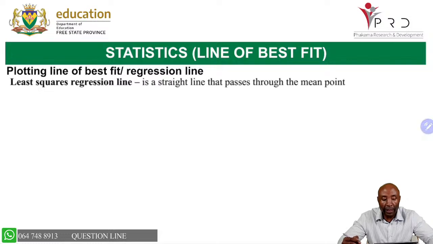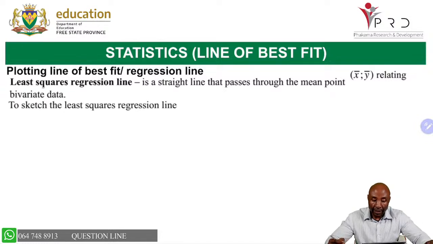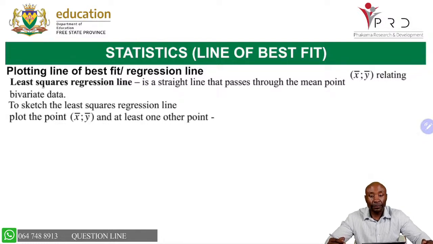The line of best fit, we said the points have to pass through the coordinates x bar and y bar, and we are saying it relates to our bivariate data. We know that we need 2 points for us to draw a line of best fit, but remember, our line of best fit should not go beyond the points that we are given.